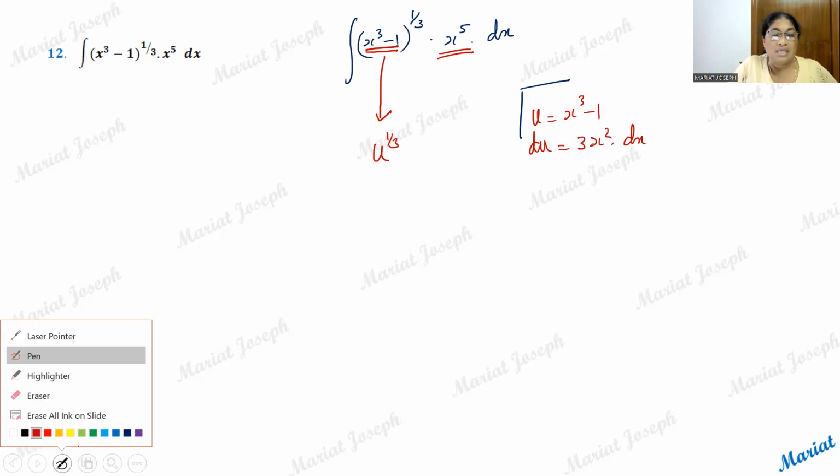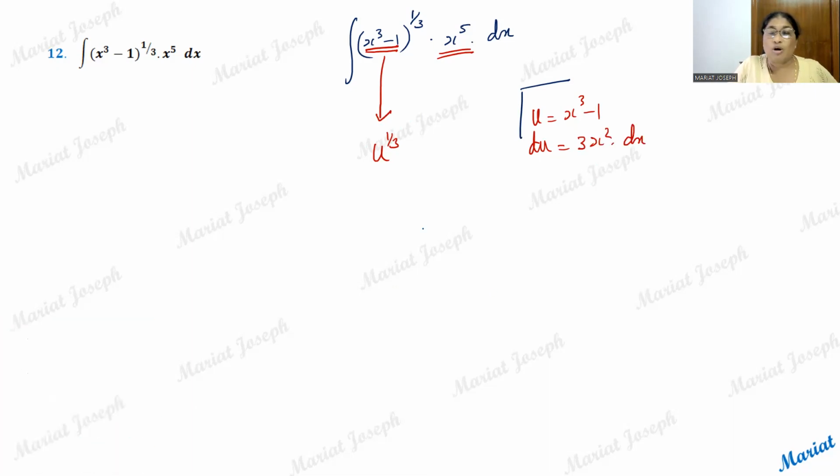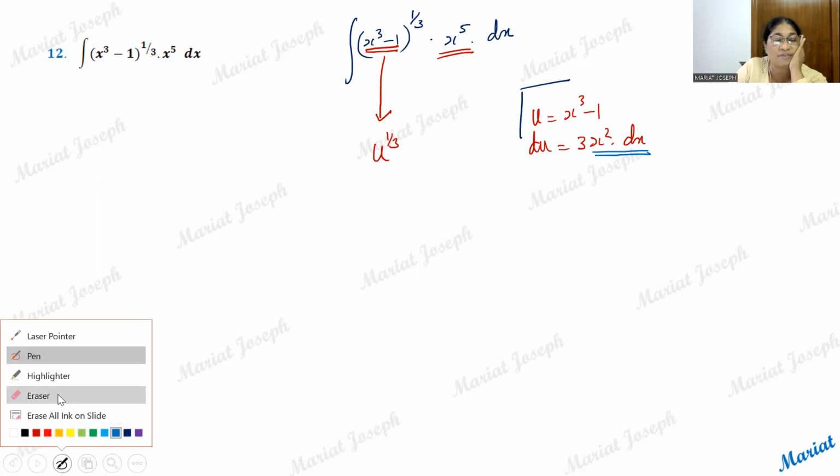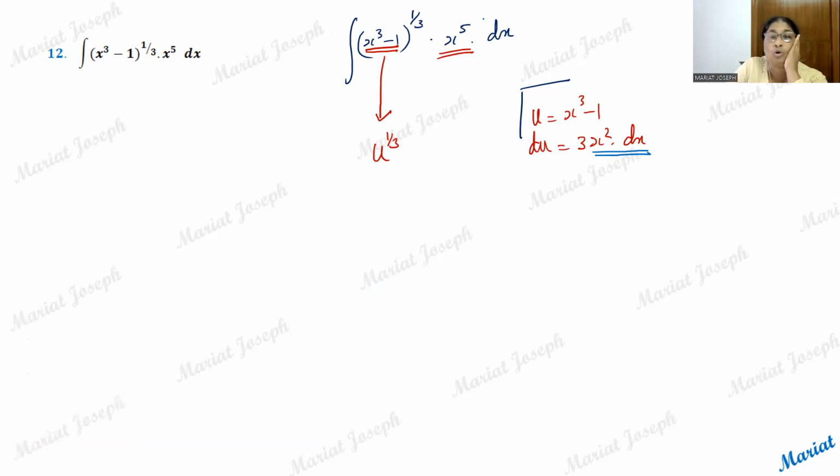Okay. Now, this coefficient is okay. 3 we can adjust. But do we have an x square dx in the question? We don't have it now. What to do? But we have an x raised to the power 5. So we should have actually written x raised to the power 5 as x cube into x square.